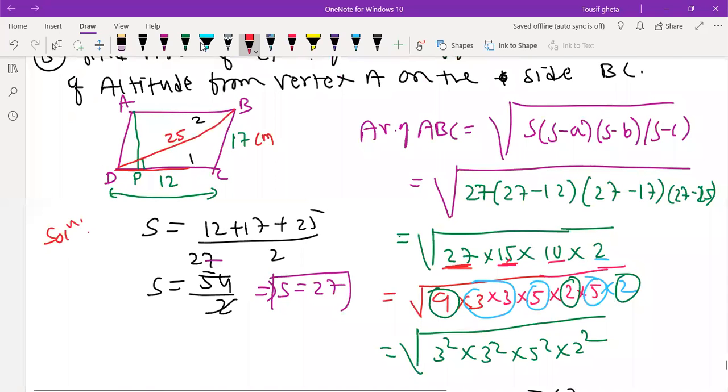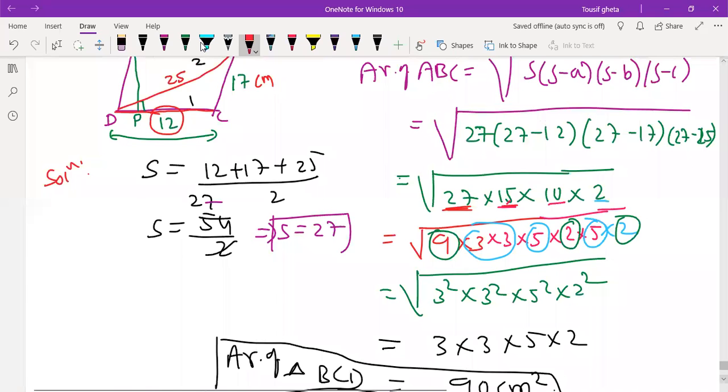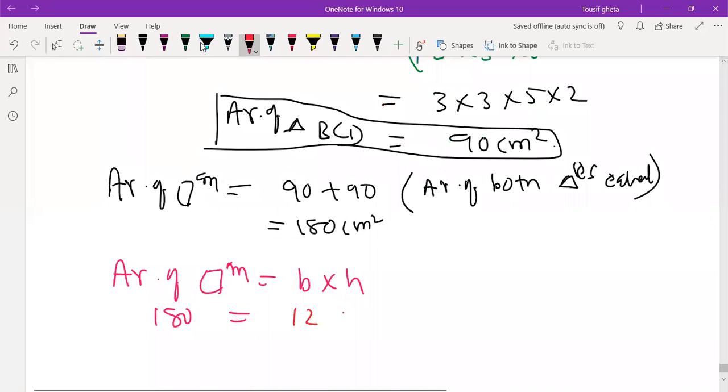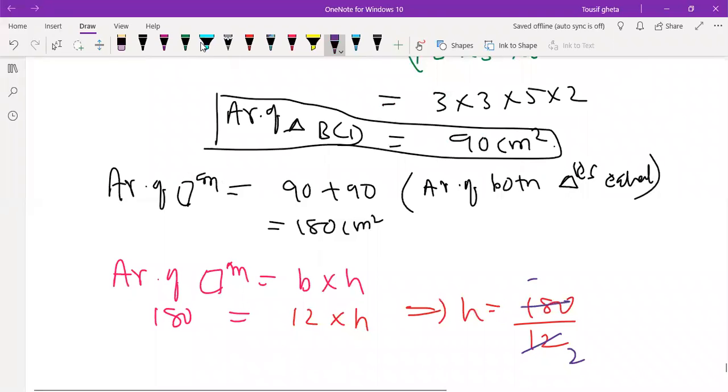CD is the base, that is 12, and the height we don't know. H is equal to 180 by 12. If you cancel, 6 2s are 12, 6 3s are 18, 2 1s are 2, 2 15s are 30. Height is equal to 15 centimeters.